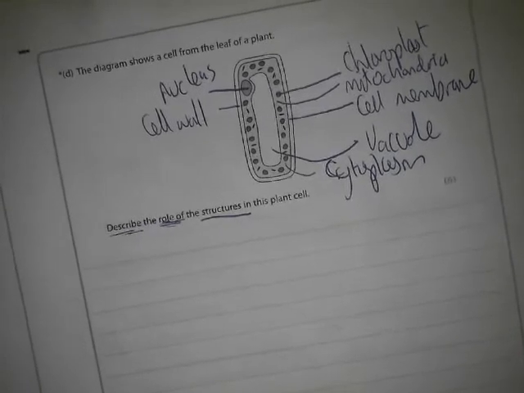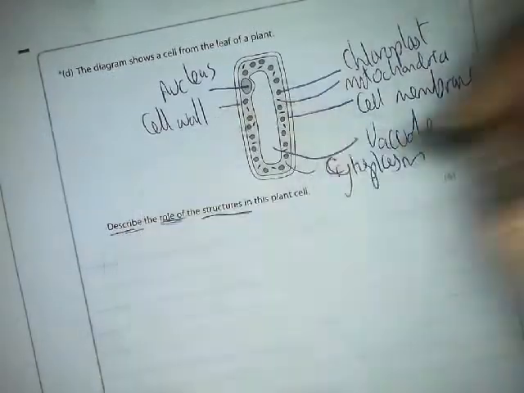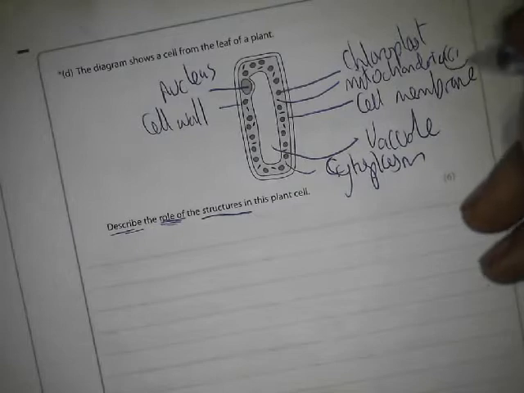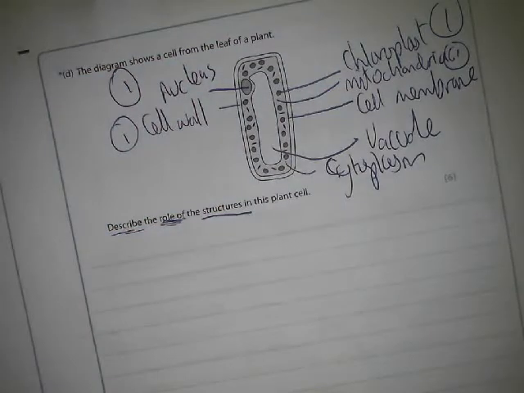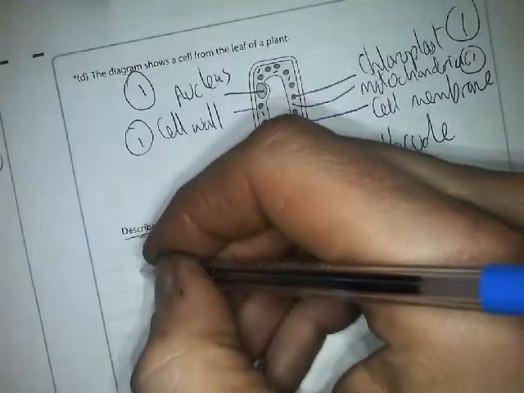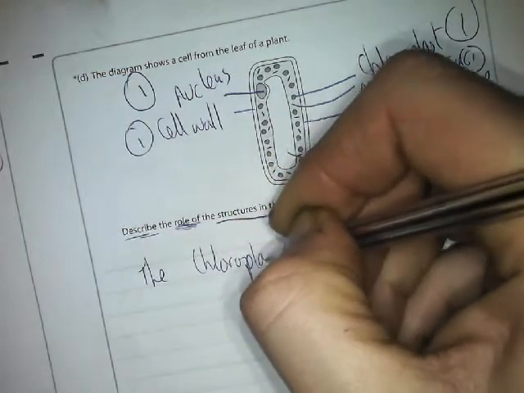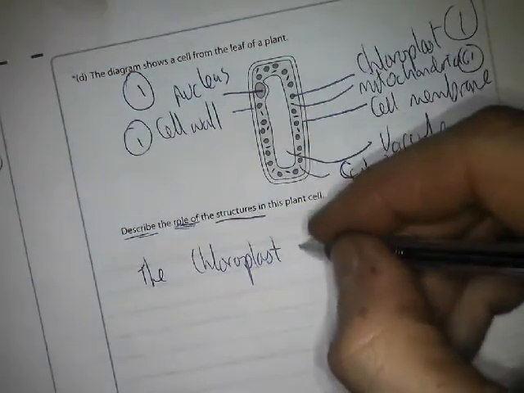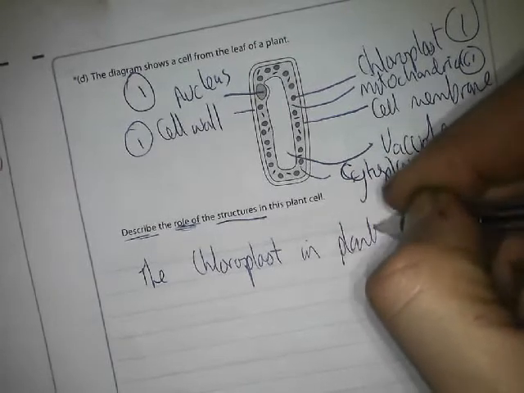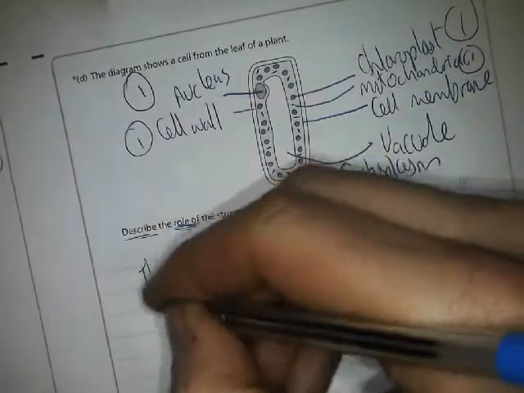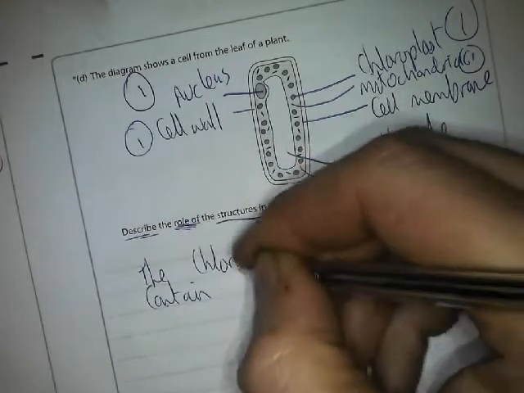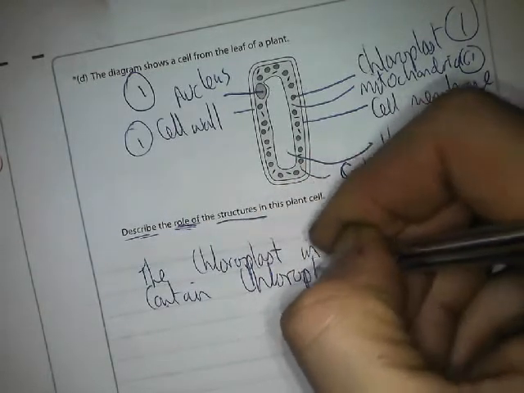So I would just do each one as a little paragraph in its own right. So just tick them off. I'm going to do that one, that one, that one, and that one. Okay? So, the chloroplast in plant cells contain chlorophyll.